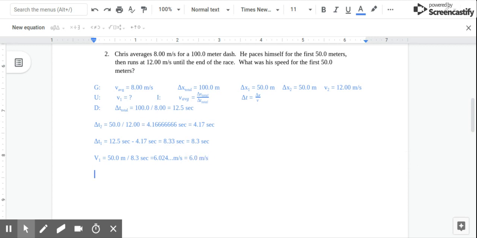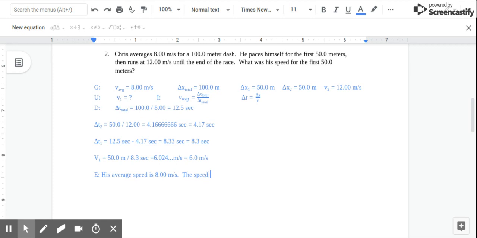The last thing I'm going to do is my E, evaluate. You guys are struggling with this. For this one in particular, his average speed is 8.00 meters per second.